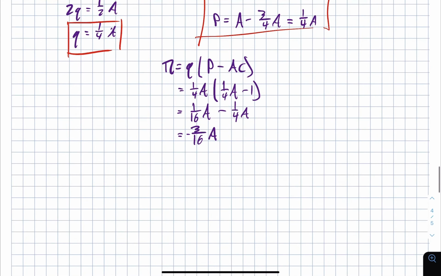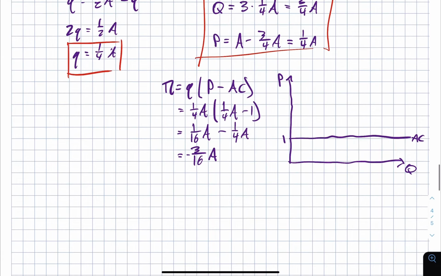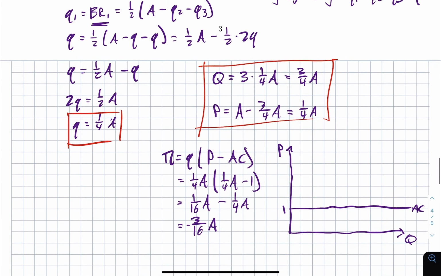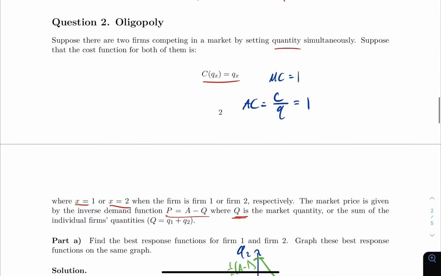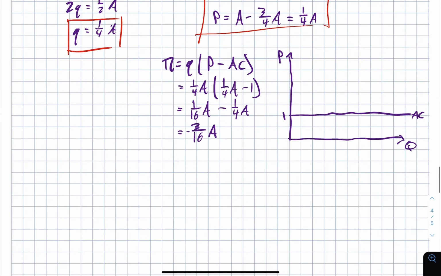So one way we can do this is with a graph. And on this graph, we want something related to profit. So what I propose here is we have average cost, AC, equals 1. We have marginal cost, which is also 1, just the derivative.